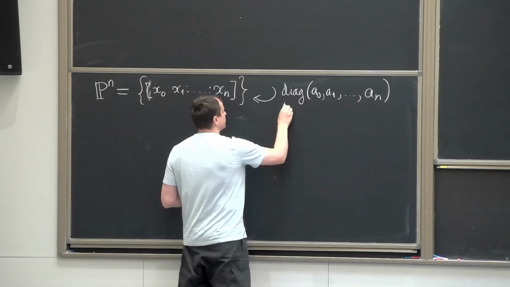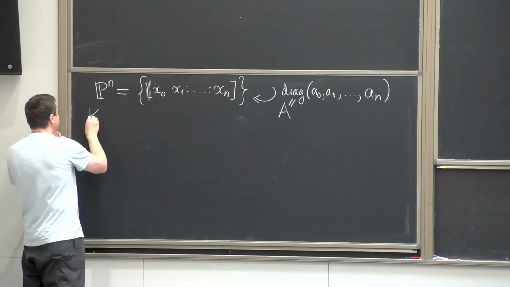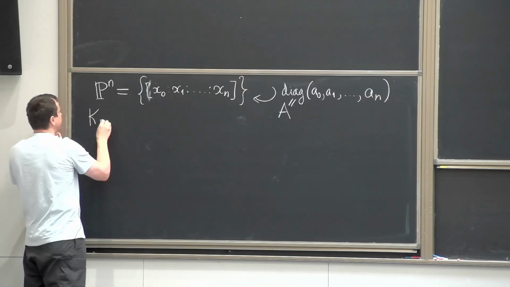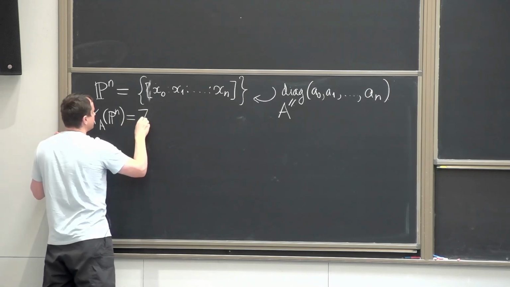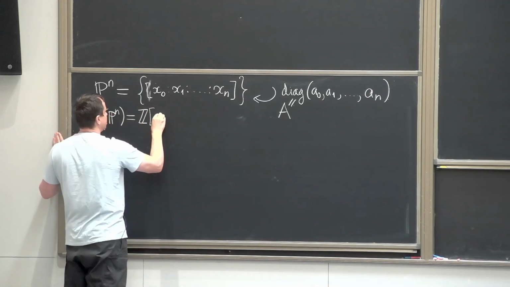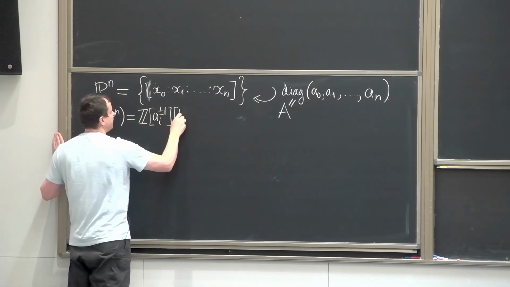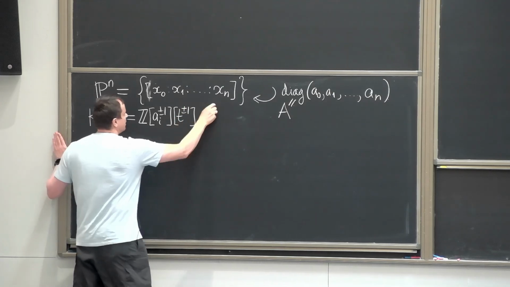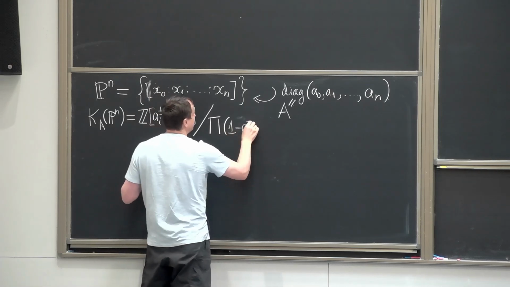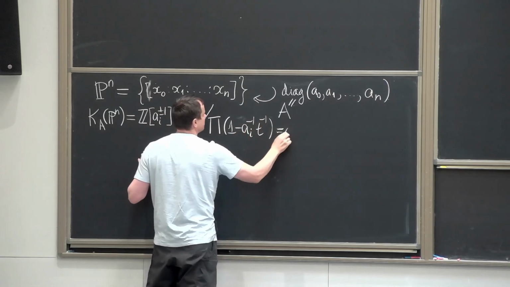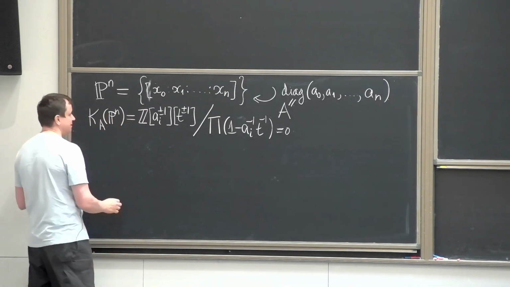So this is my torus A. And we have decided that the equivariant K-theory of this projective space is polynomials in these ai plus minus 1 and one more variable, I think we denoted t plus minus 1, modulo the relation that the product of (1 minus ai inverse t inverse) equals 0. Okay?